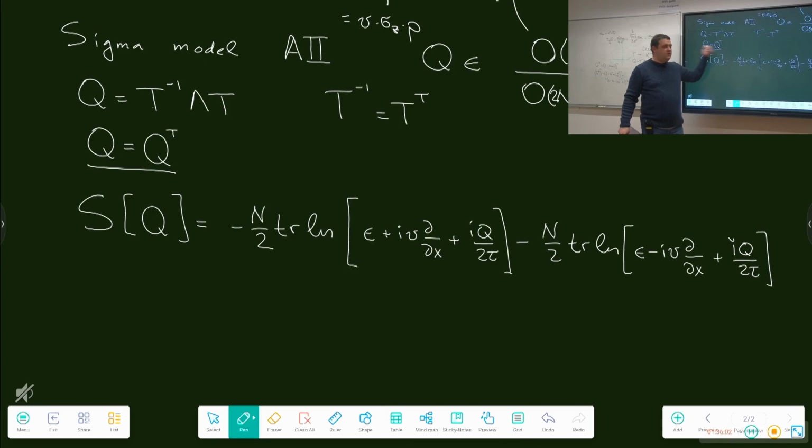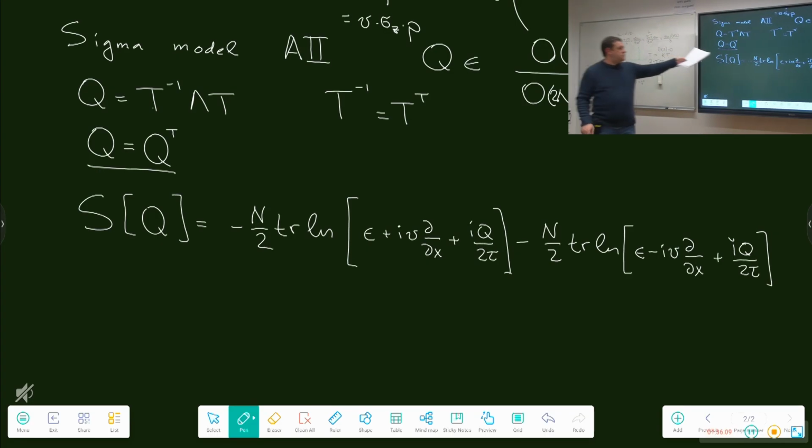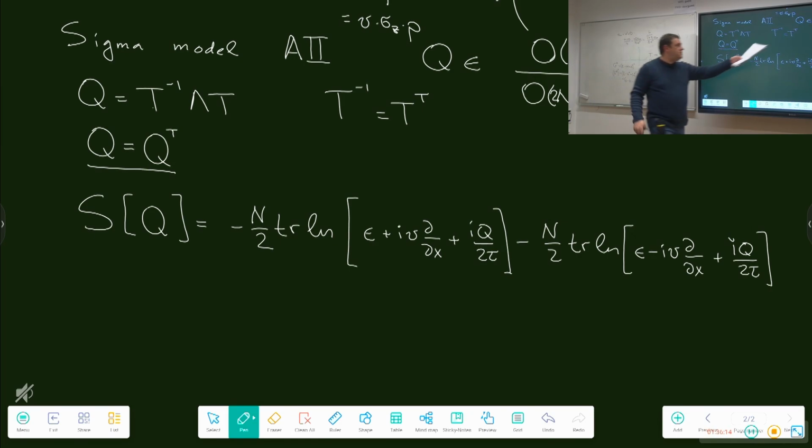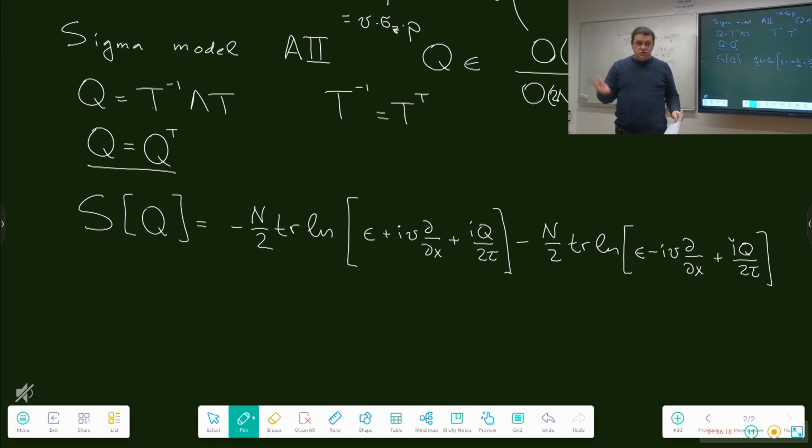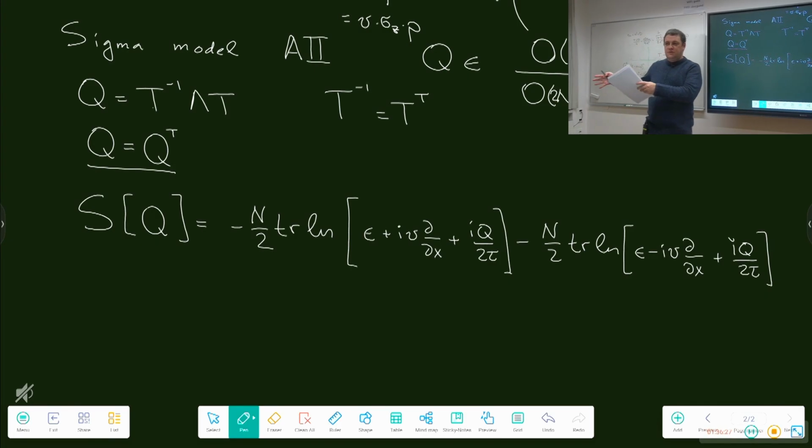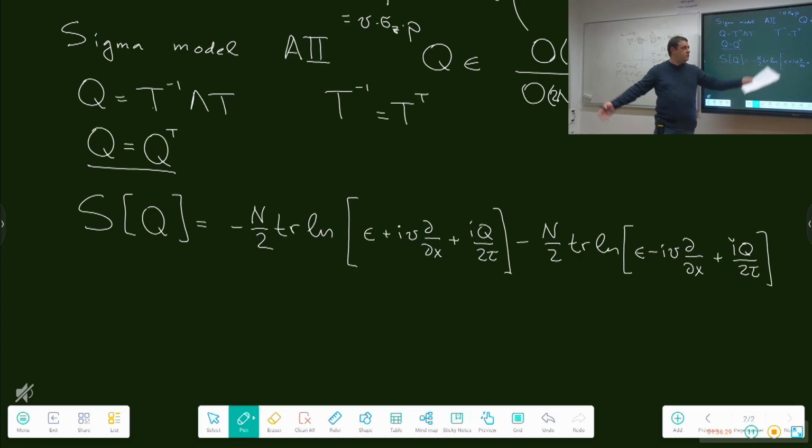But then you apply an additional constraint which kills half of them, and the dimension of this space is exactly twice larger than for the unitary class. And it should be so because symplectic class contains all the same diffusons plus the same amount of cooperons that were missing in the unitary class. So we have twice more soft modes. Our Q matrix has twice more variables.